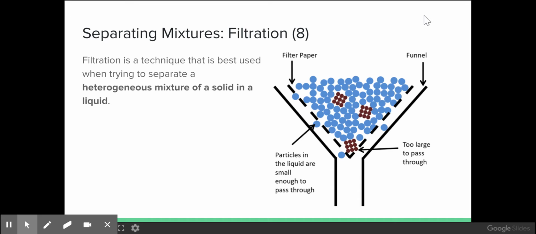The best situation to use filtration is when you have a heterogeneous mixture of a solid in a liquid.